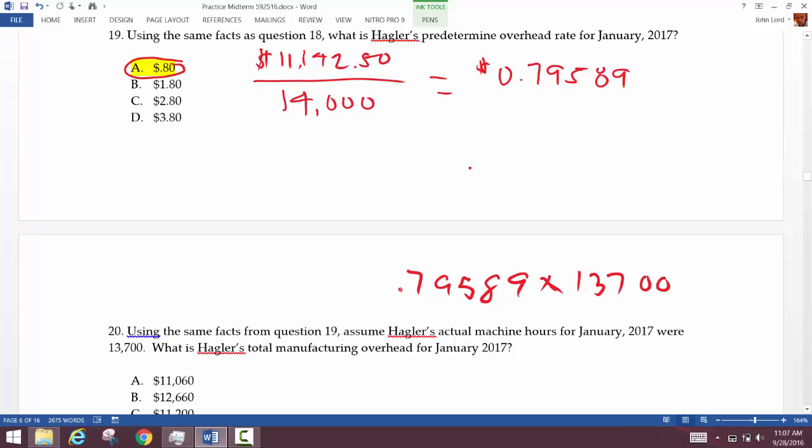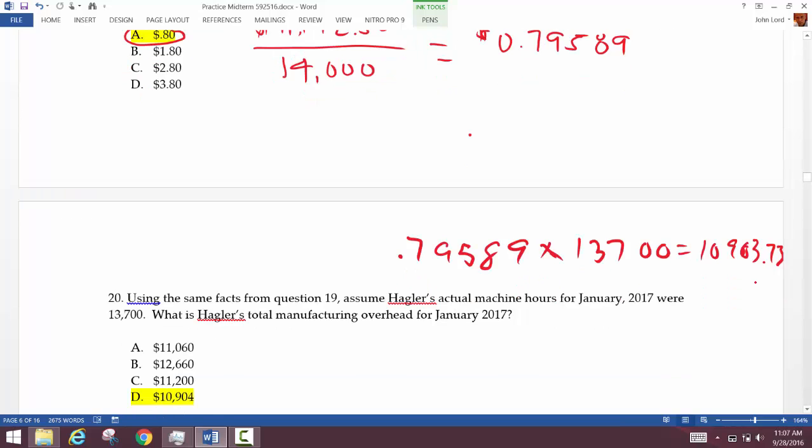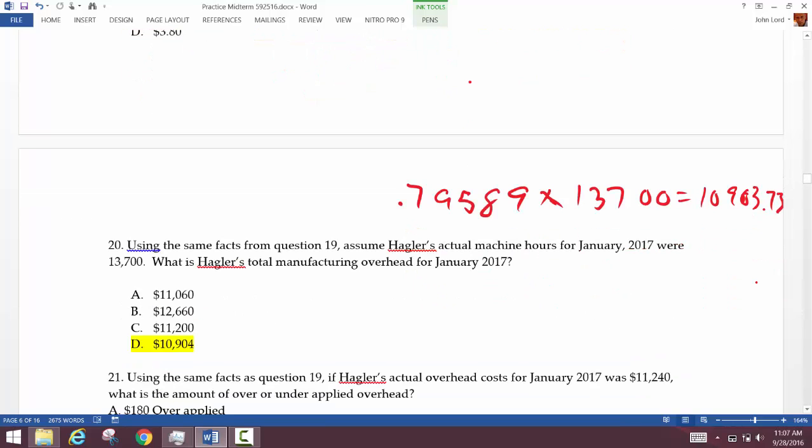Okay, good. So that's 0.79589 times 13,700. That's $10,903.75, you're saying? Yes. Okay, that's fine. And that is closest to 10,904, isn't it? Okay, good.